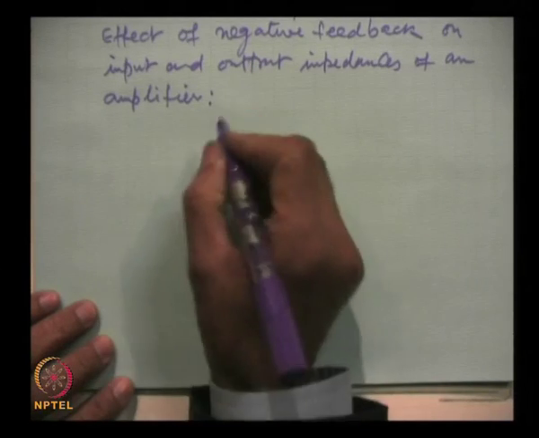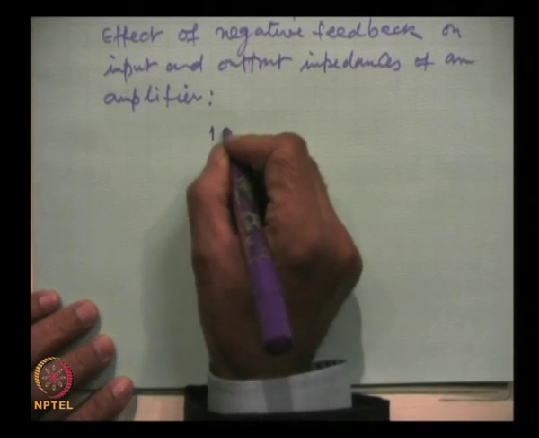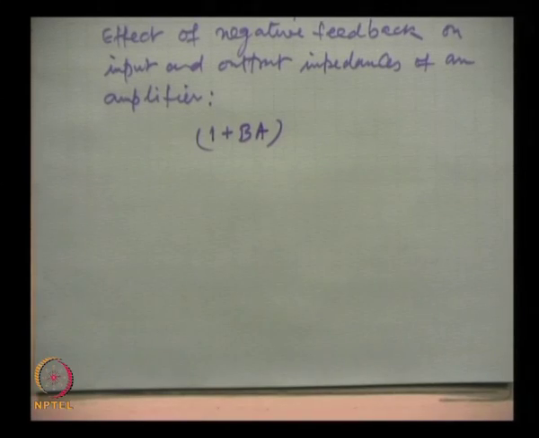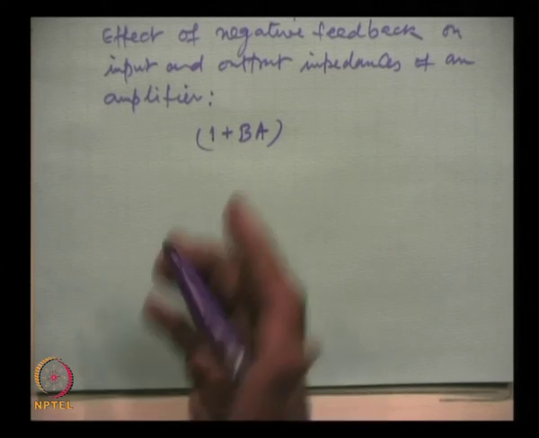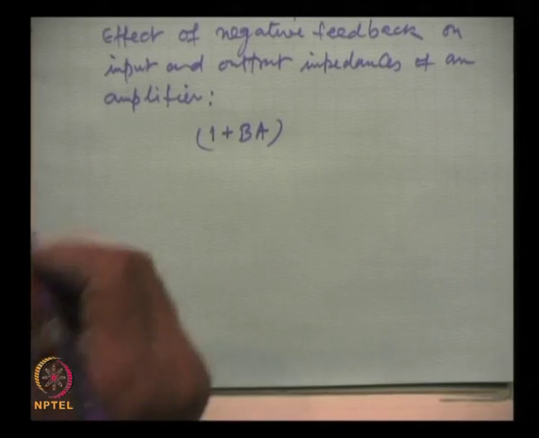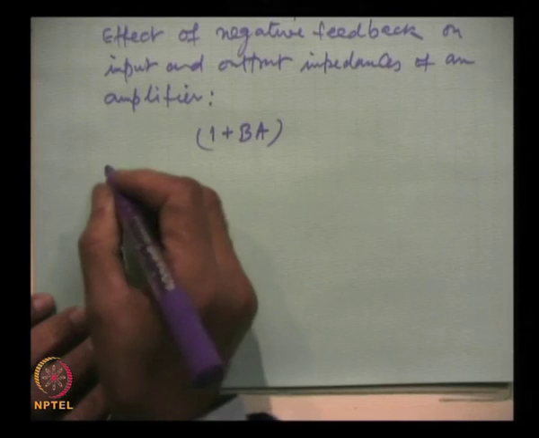I am saying that the changes will be of the order of this. Whether it increases, it will increase by this amount. If it falls, it will fall by this amount.